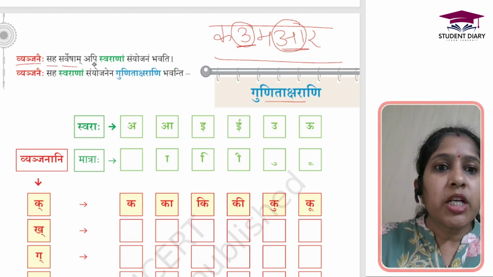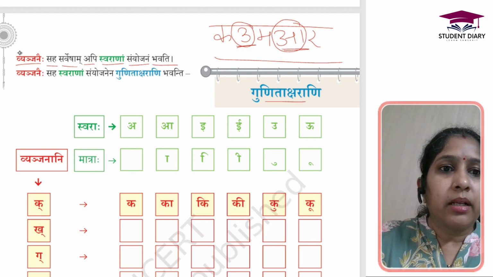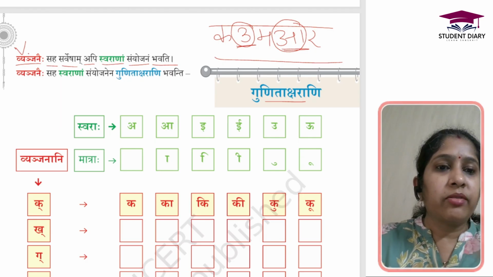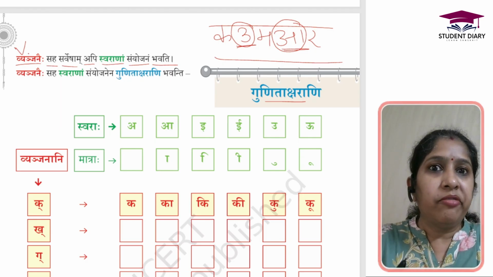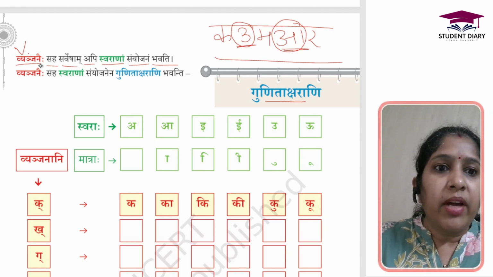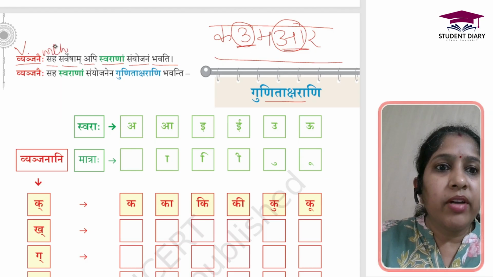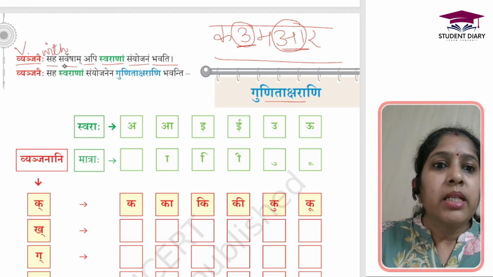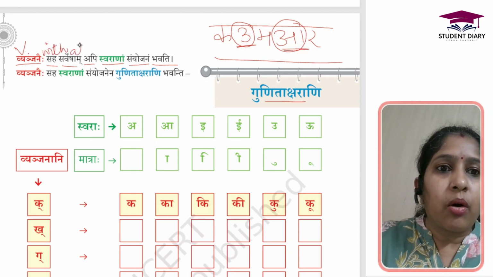व्यञ्जनाय सह सर्वेषाम् अपि स्वराणां संयोजनं भवति. Vyanjanai means the vyanjans. I hope everyone remembers, I told in the last video that for vyanjans everywhere we'll write V and for swara everywhere we will be writing S. Saha means with, like with consonants. Sarvesham means all. Api means also.